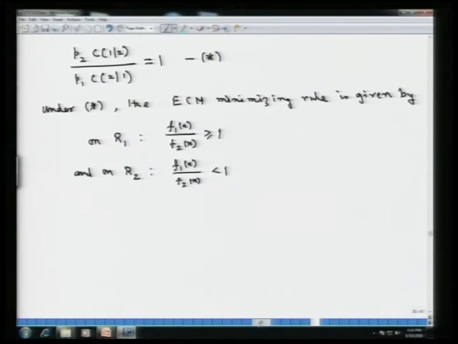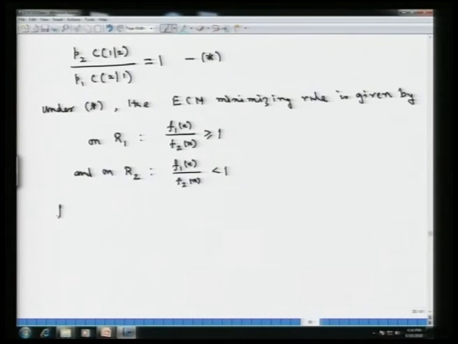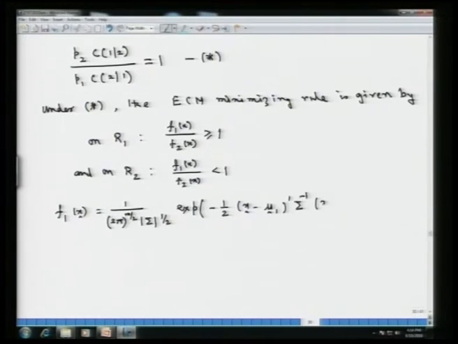Now, what is it in terms of these populations? We have the two populations pi 1 and pi 2 to be these two multivariate normal populations, and hence we will be having f1(x), the density of the multivariate normal N(mu1, sigma), which is 1 upon (2 pi)^(m/2) determinant of sigma to the power half, and then e to the power minus half (x minus mu1) transpose sigma inverse (x minus mu1).